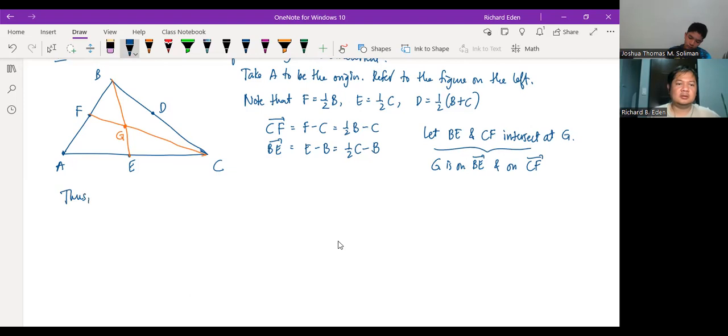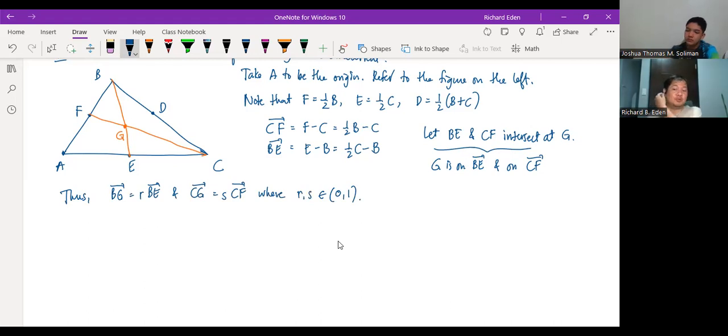Thus, okay, BG is equal to R times BE, and CG is equal to S times CF, where R and S are some numbers in the open interval (0, 1). Okay, tapos here's hoping mapapalabas natin ng values ng R and S, although I'm not sure how, pero sige, subukan natin.